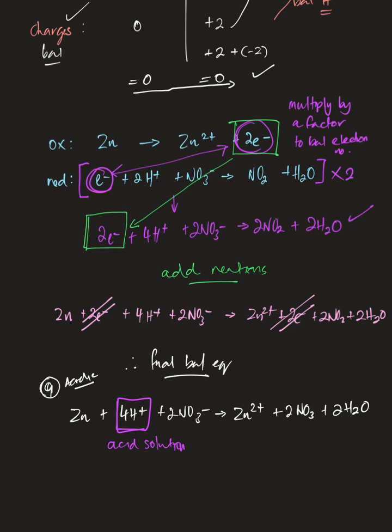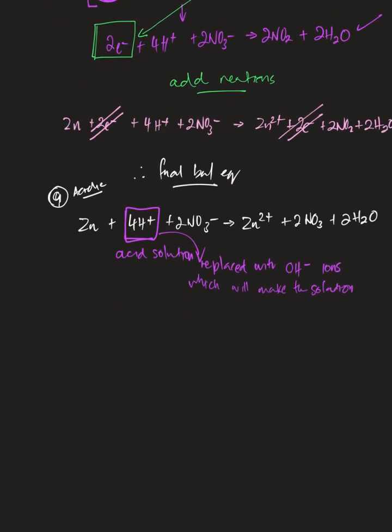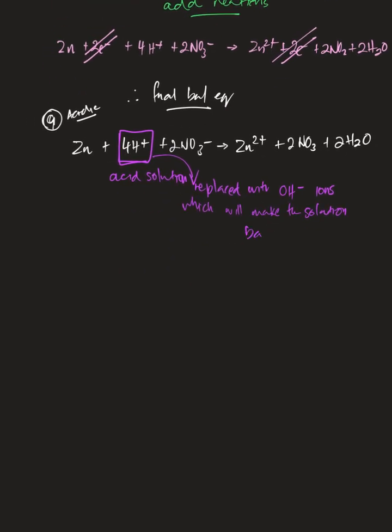So I'm going to take these and they're going to be replaced with OH minus ions, or hydroxide ions, which will make the solution basic. All right, so let's start with this basic equation.